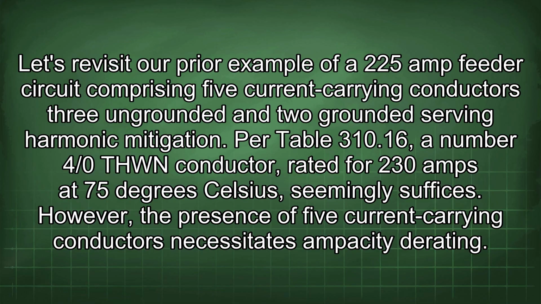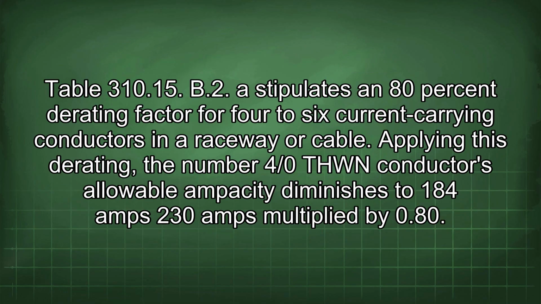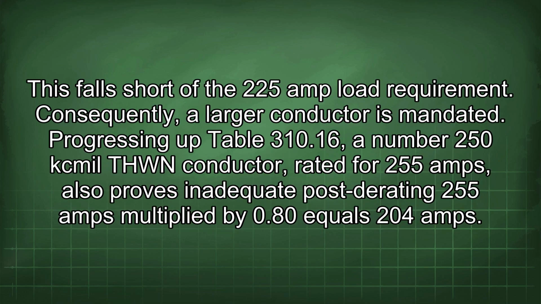However, the presence of 5 current carrying conductors necessitates ampacity derating. Table 310.15(B)(2) stipulates an 80% derating factor for 4 to 6 current carrying conductors in a raceway or cable. Applying this derating, the 4/0 THWN conductor's allowable ampacity diminishes to 184 amps, 230 amps multiplied by 0.80. This falls short of the 225 amp load requirement. Consequently, a larger conductor is mandated.